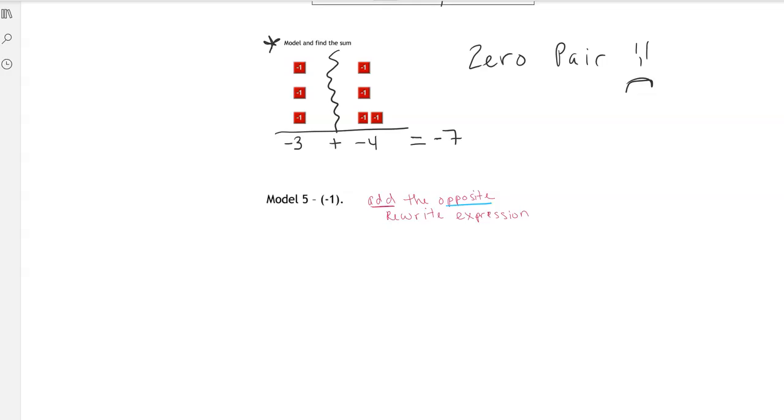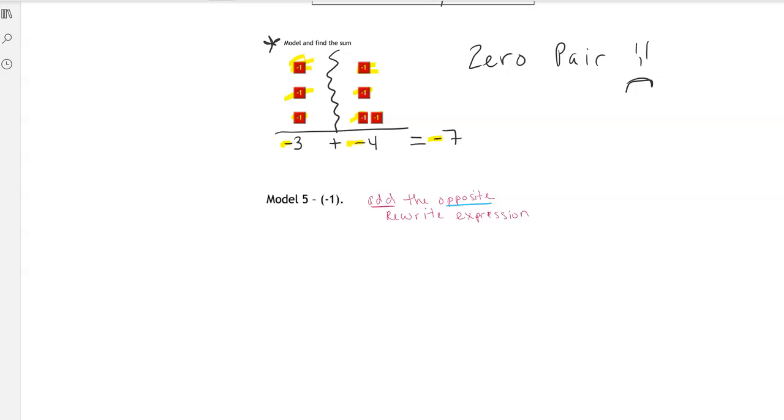So basically how many do I have? There is 1, 2, 3, 4, 5, 6, 7. And since they're all negative, it's going to be -7. This example will come in later to help you, so make sure you have it perfectly correct in your notes.